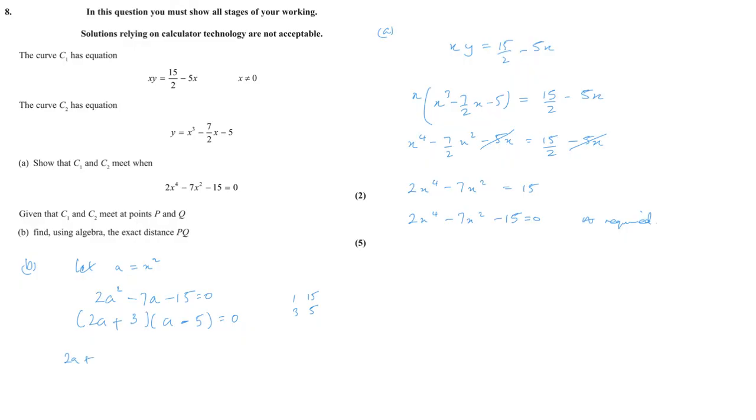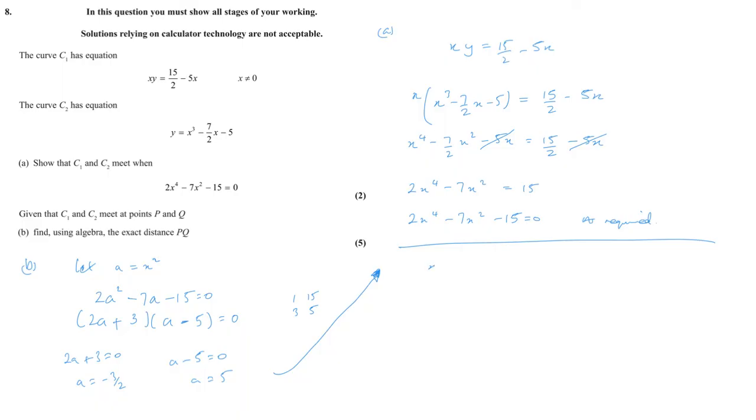Therefore 2a plus 3 equals 0, a minus 5 equals 0. A equals minus 3 over 2, a equals 5. Okay, so that's where I'm at so far. Now carrying on up here.